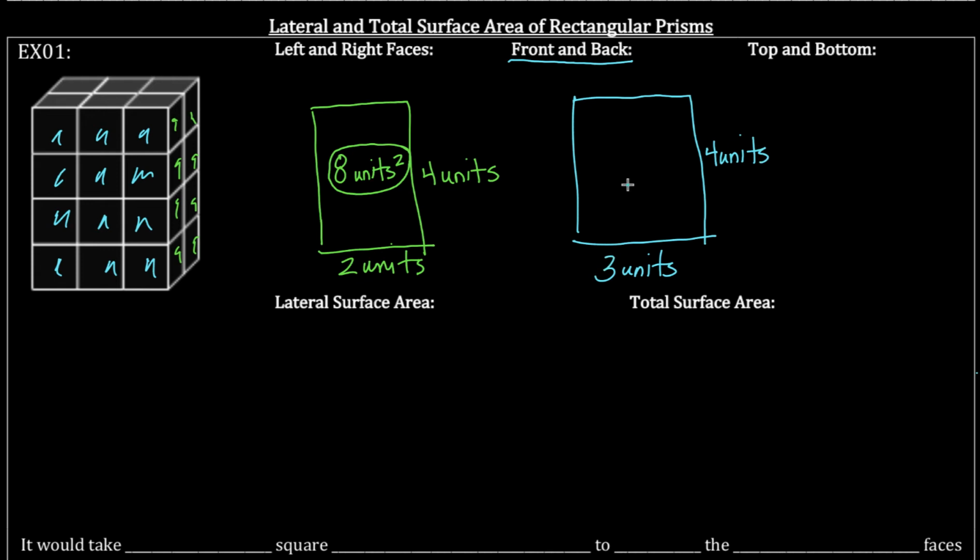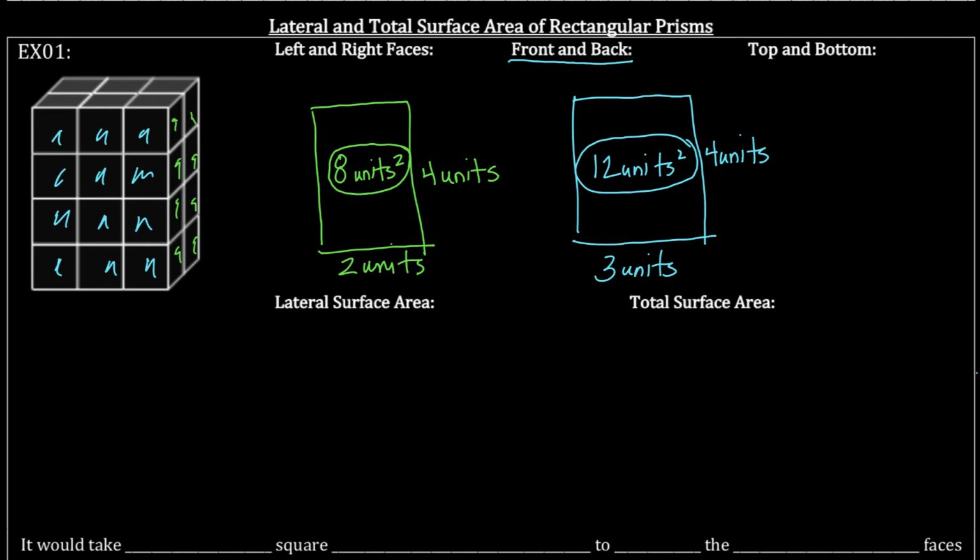So base times height is 12 units squared, which we can see: 1, 2, 3, 4, 5, 6, 7, 8, 9, 10, 11, 12. Remember, there's 2 of these, the front and the back.